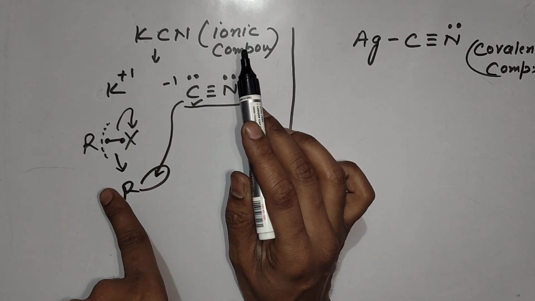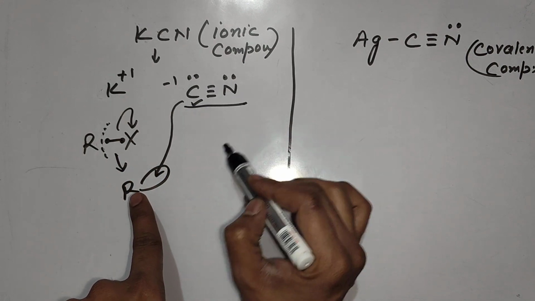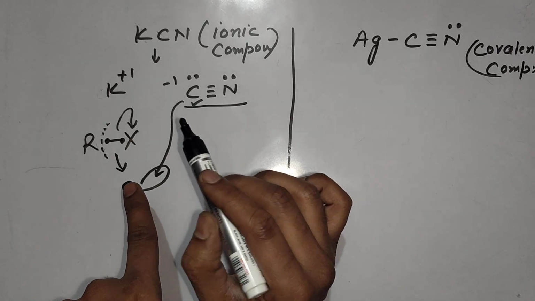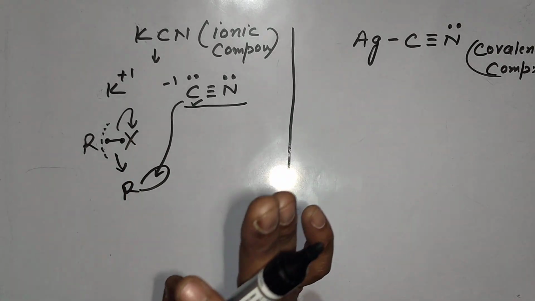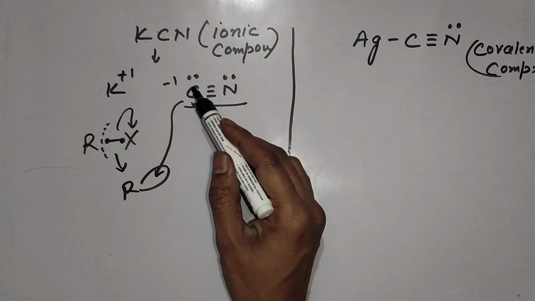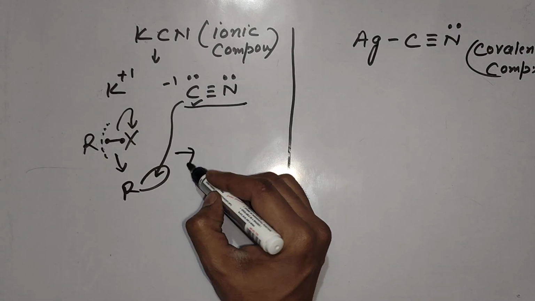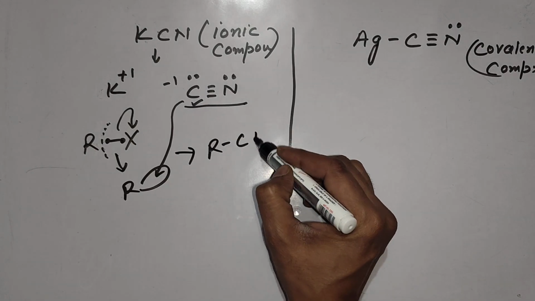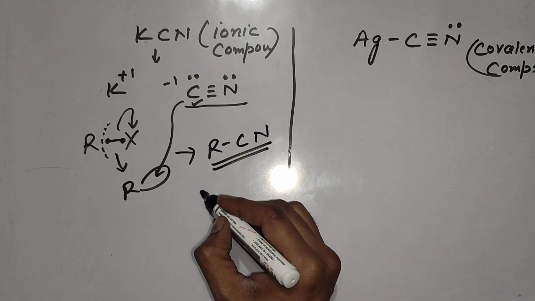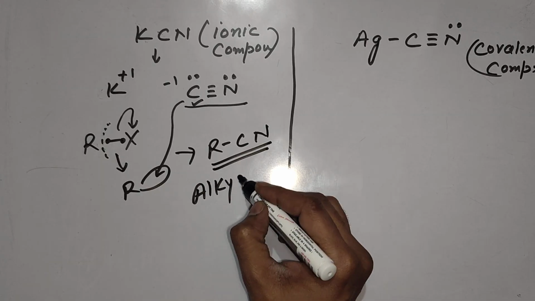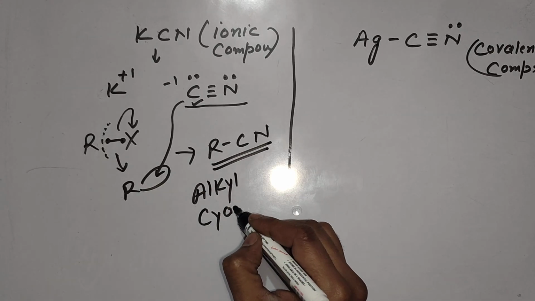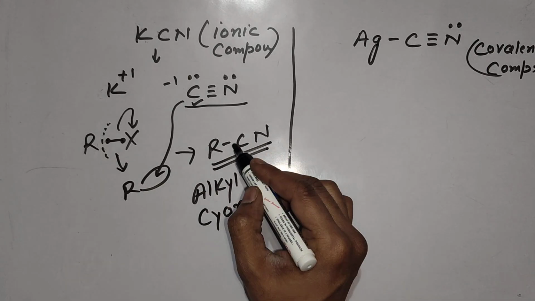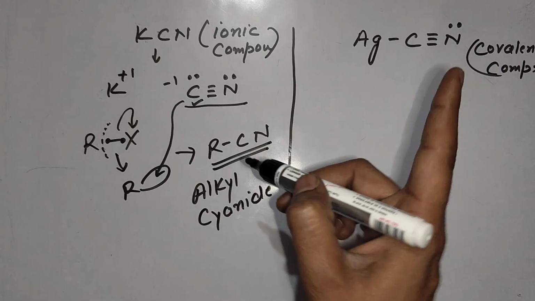A carbon-carbon bond is strong as compared to a nitrogen-carbon bond. That's why two reasons are making the attack of carbon on R, and RCN will generate, alkyl cyanide. Bonding will be through the carbon side.